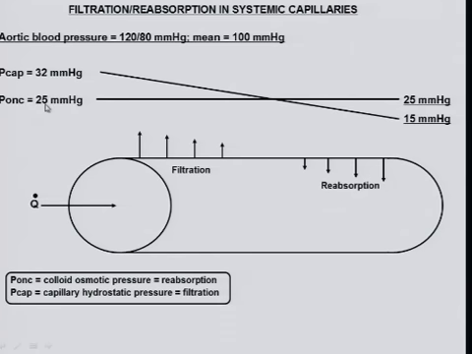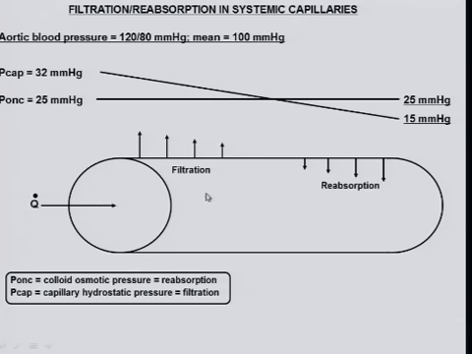Oncotic means it's got particles in it, and therefore it accumulates a higher fluid content and creates a pressure. So what we're doing is generating a pressure outside of the vessel relative to a pressure inside the vessel. The oncotic pressure is very stable within the tissue. Now remember, this is a capillary bed, so as we go down the capillary tree toward the venous circulation, the oncotic pressure stays about the same.